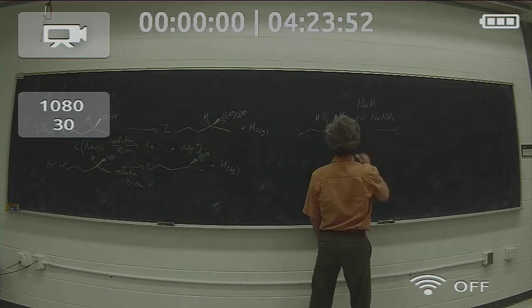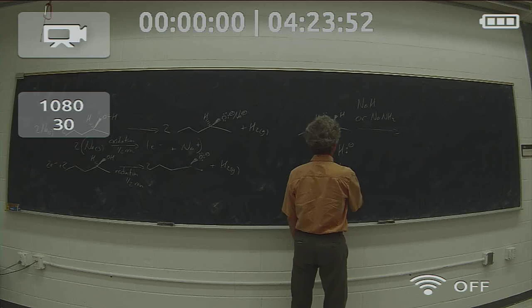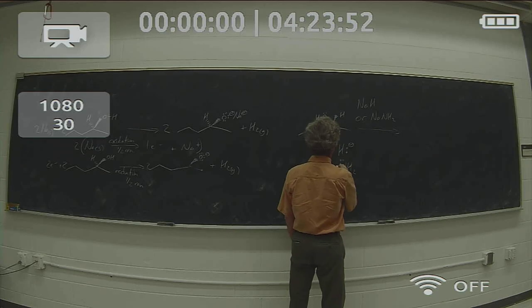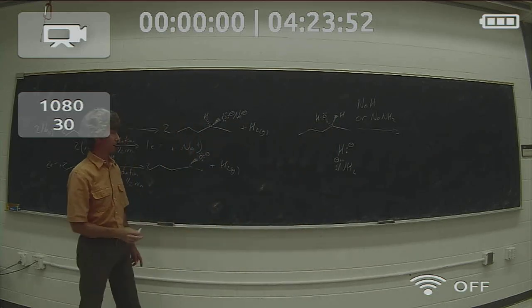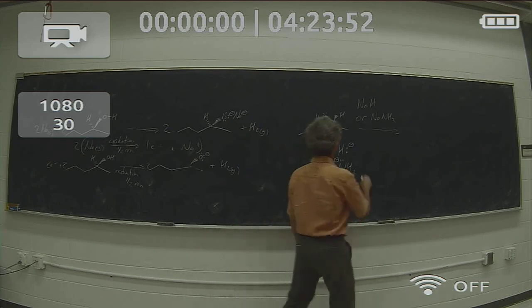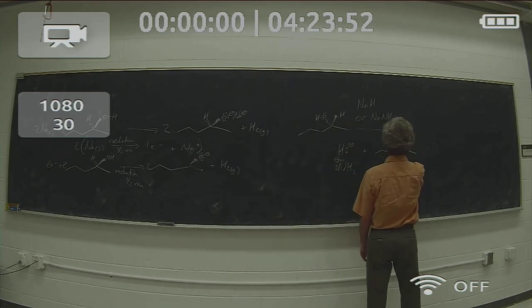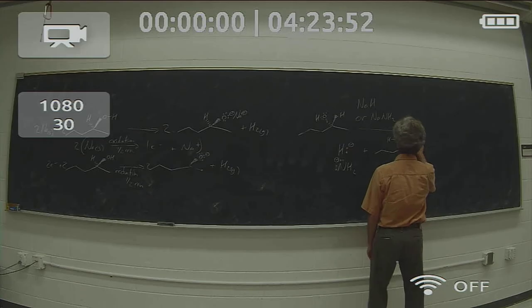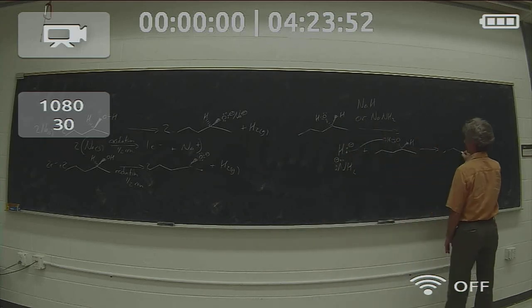These are essentially hydride ion and amide ion with an alkali metal counter ion. Both of these are good enough bases to take that proton off and generate the corresponding alkoxide ion.